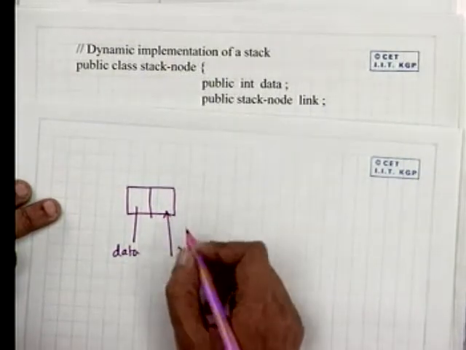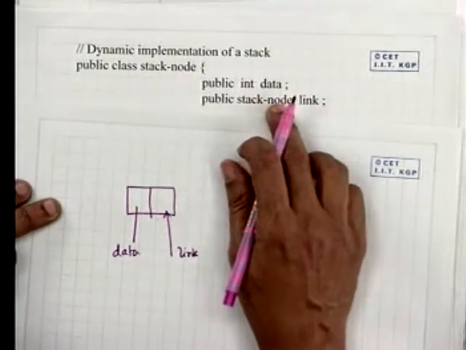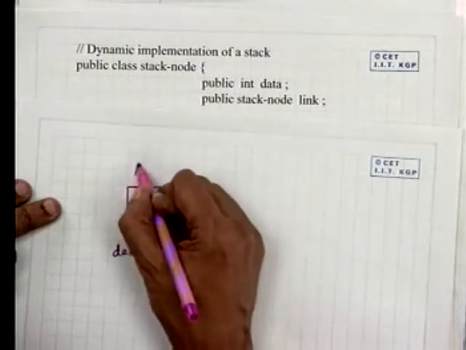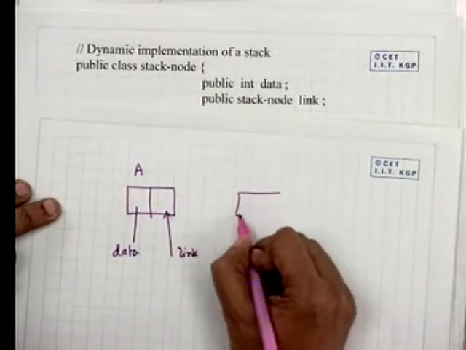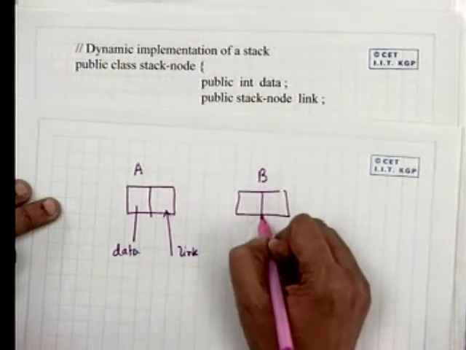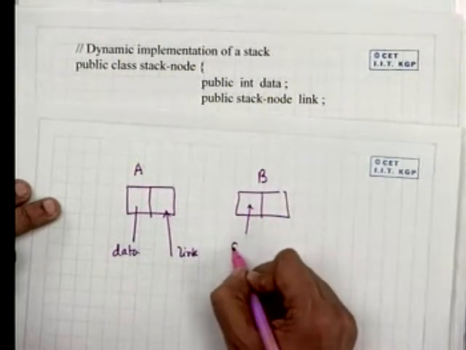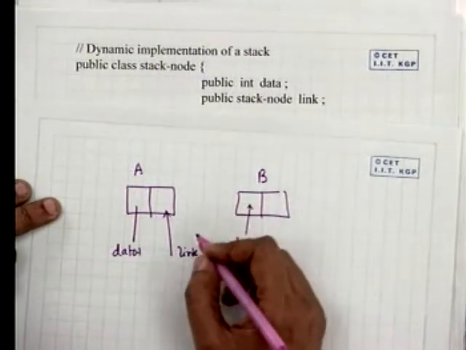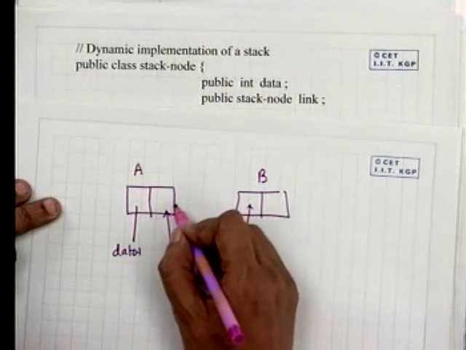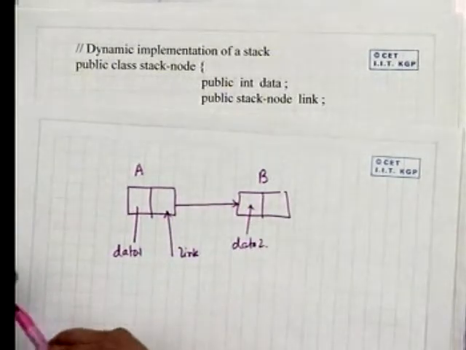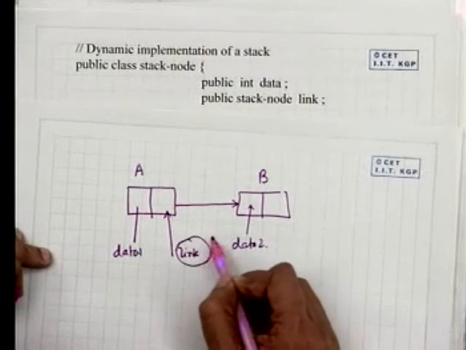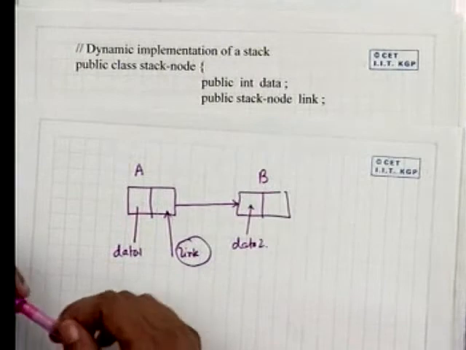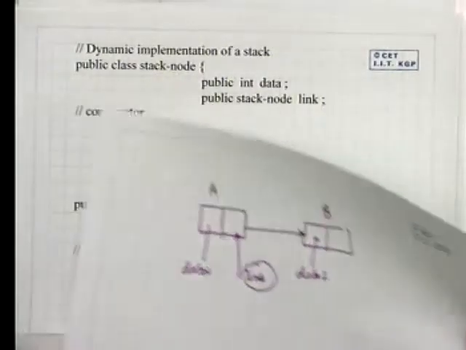Link to what? This element refers to an element of type stack node only. So if there is one element A of stack node, and there is another element, say B, of stack node, which has 2 values, data 1 and data 2, we can ask A to refer to B. This is the link field, which refers to another element of the same type, stack node.